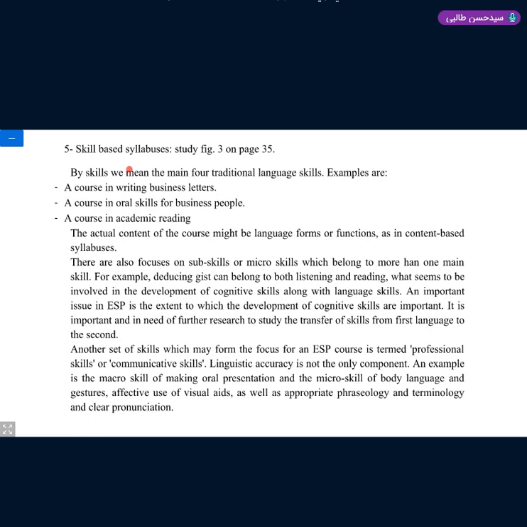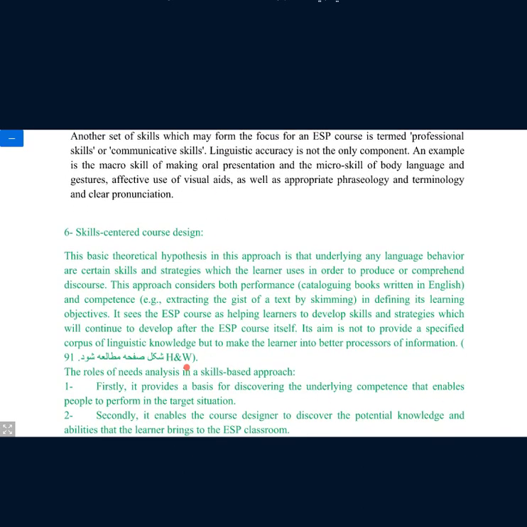Therefore, when you say skills-centered course design, it means that everything is based on these strategies of learning. This is a skills-centered course design.